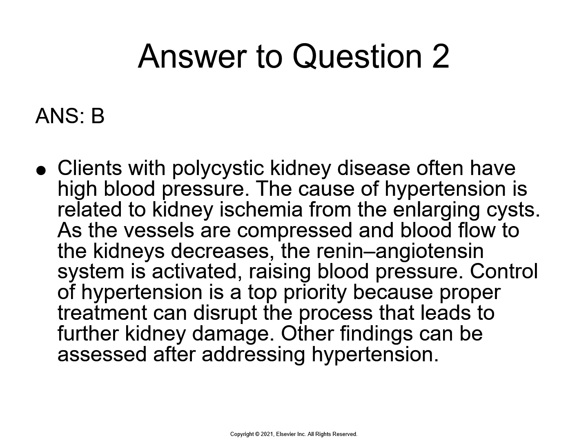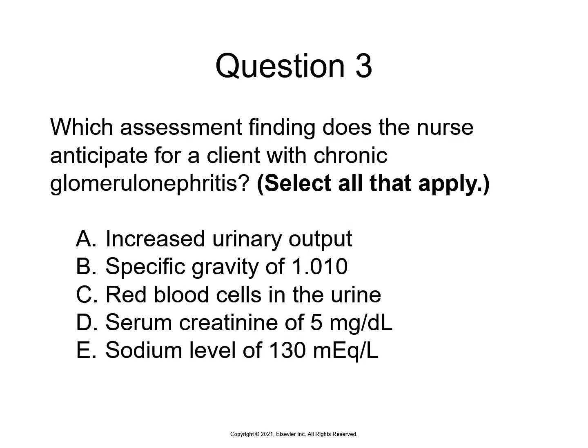So control of hypertension is a top priority, and if you ever see that as a choice on some kind of test question like this, you know that's your top priority. It can disrupt the process that leads to further kidney damage if you can go ahead and get that controlled. The other thing is you can assess that after you've controlled their hypertension. Not that they're not important.